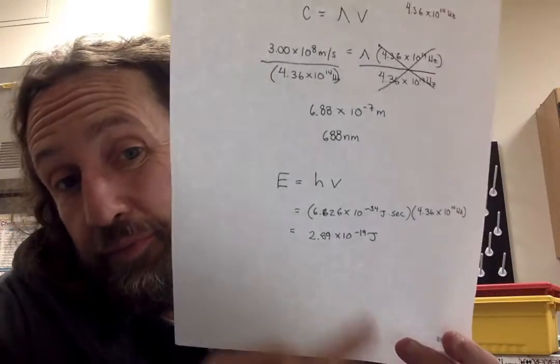And then I'm just going to enter that: 6.626 times 10 caret negative 34 times 4.36 times 10 caret 14, and I get 2.89 times 10 to the negative 19th joules, and that's pretty easy.